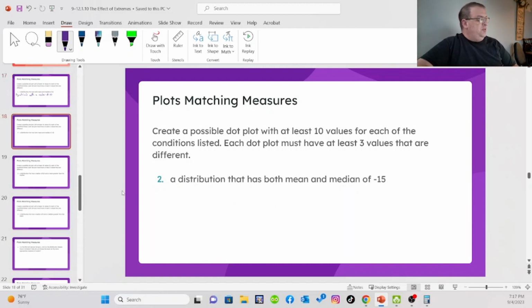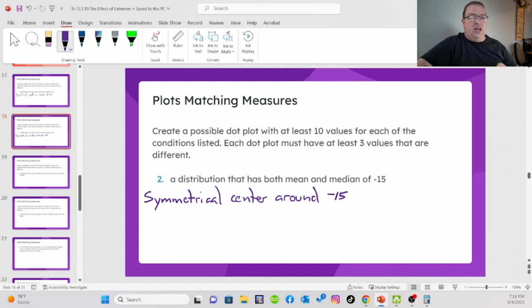For number 2, again, we want the mean and the median to be the same, but instead of being centered around 10, we want to center it around -15. So again, it must be symmetrical, and it must be centered around -15.